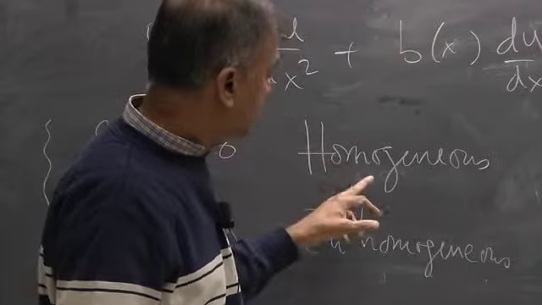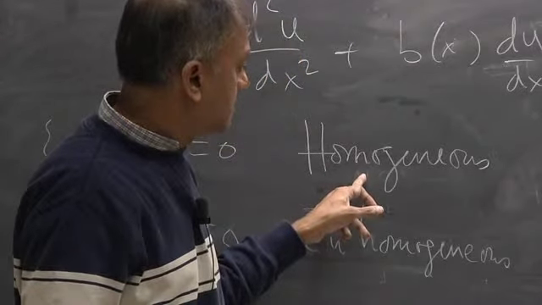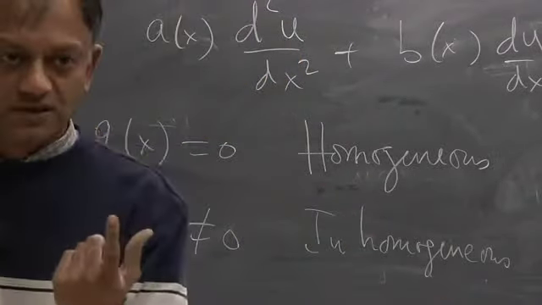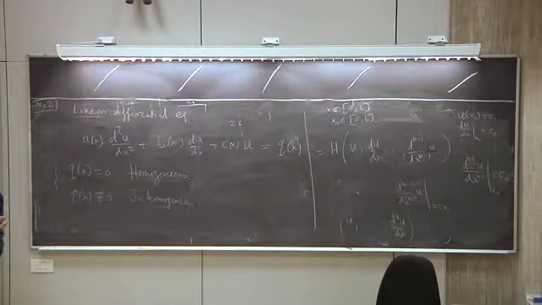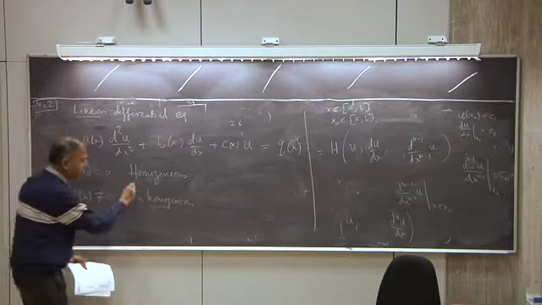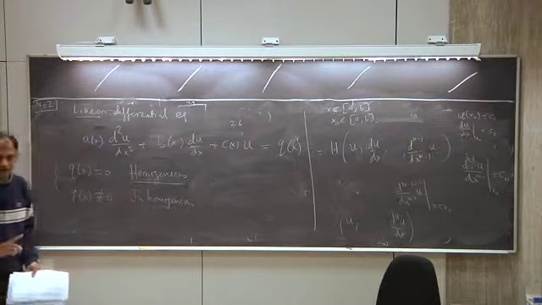Furthermore, what is interesting is that if I give you two different solutions of this equation, then any linear combination of these two is also a solution. Correct? That's only true for homogeneous, not true for inhomogeneous.